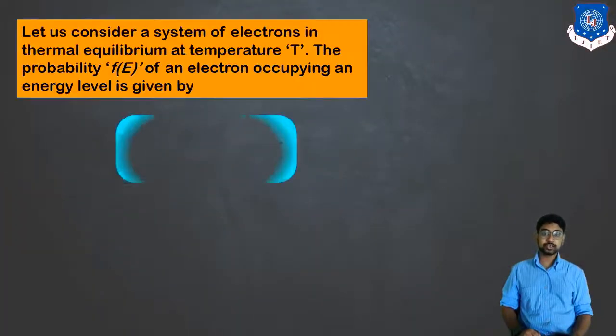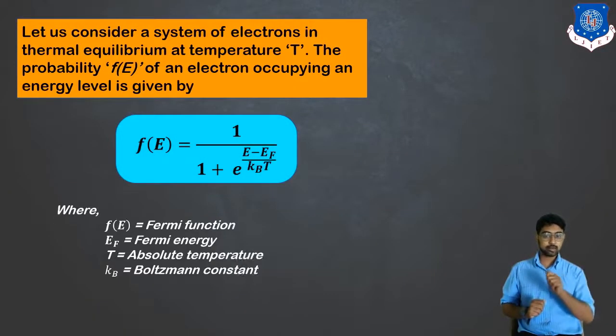Let us consider a system of electrons in thermal equilibrium at temperature T. The probability F(E) of an electron occupying the energy level E is given by F(E) = 1 / (1 + e^((E - Ef)/kT)). Here F(E) stands for the Fermi function, Ef is the Fermi energy, T is the absolute temperature, Kb is the Boltzmann constant, and E is the energy level considered. So this is the Fermi function.